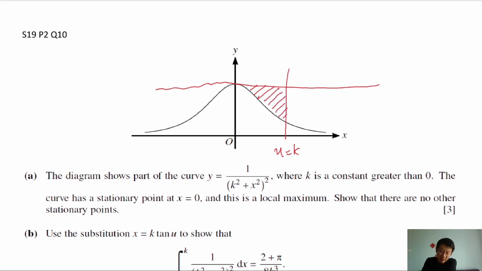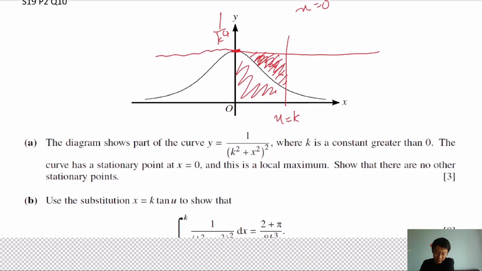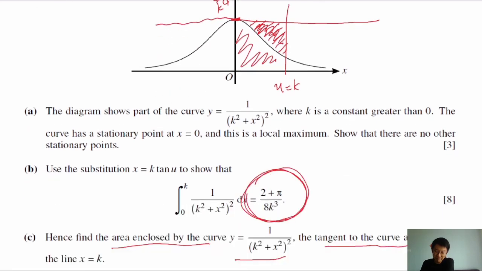When x equals 0, the y value here is 1 over k power 4. This is our y value. So it's this region, not this one. How do we get the area for this region? We already have the result for the area under the curve from 0 to k, given here.